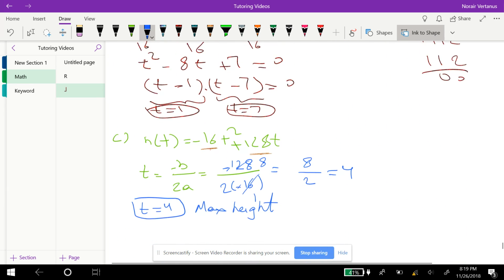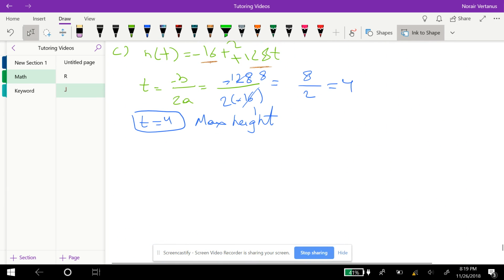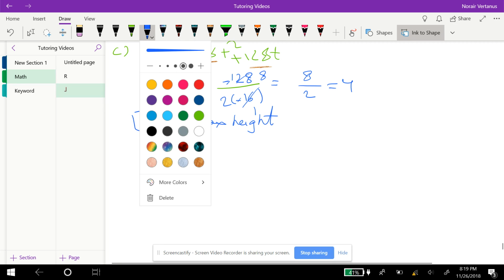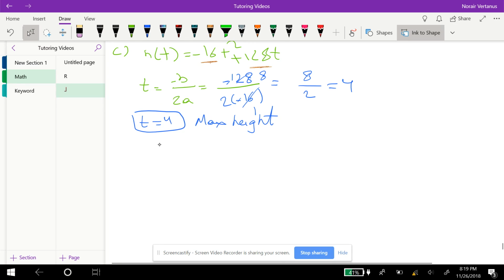And so to do part D, what do we want to know? What is the maximum height when t is equal to 4 seconds? What we're going to do is plug in this 4 instead of t into this equation.